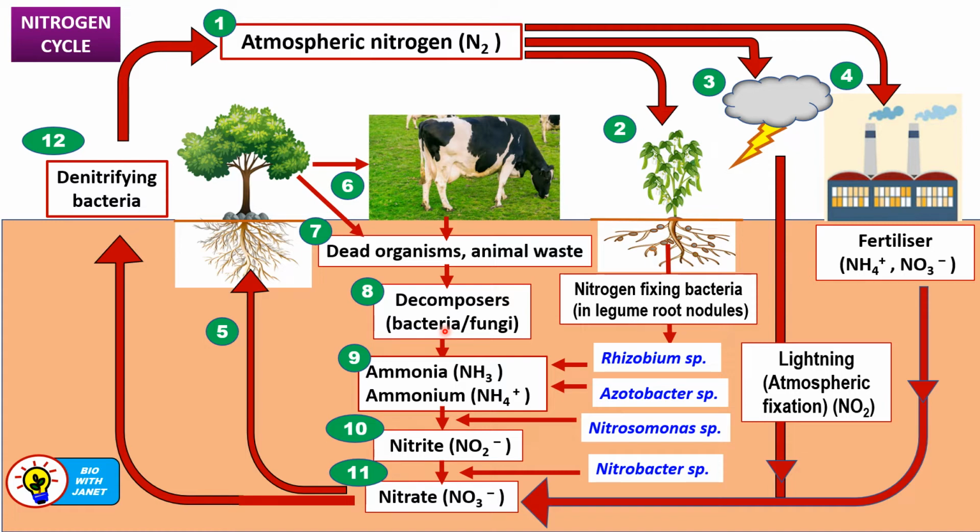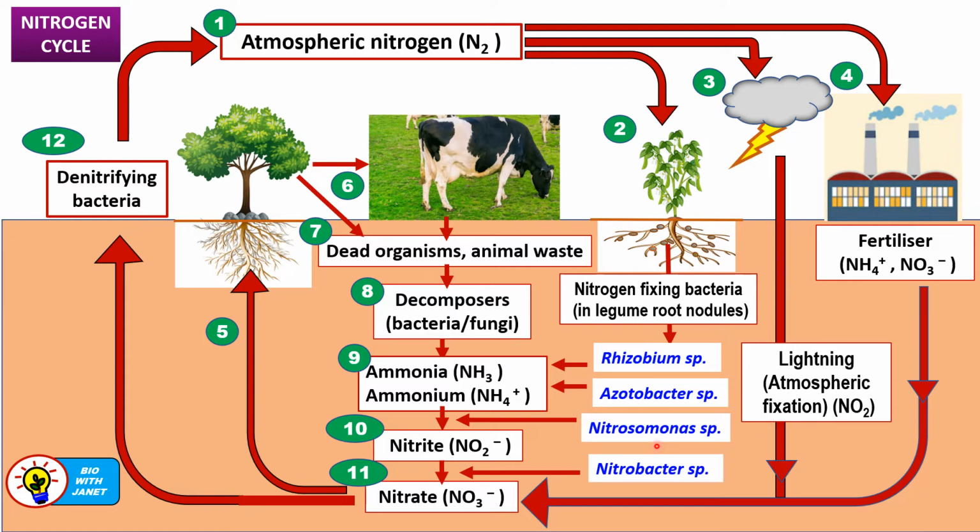Okay, so now the protein in the body tissue is broken down to form ammonium ions during decomposition. And the process of formation of ammonium ions is ammonification. Next, ammonium ions are converted into nitrite ions, NO2-, by the nitrifying bacteria called Nitrosomonas.